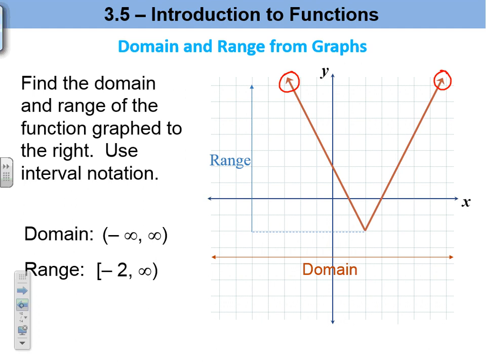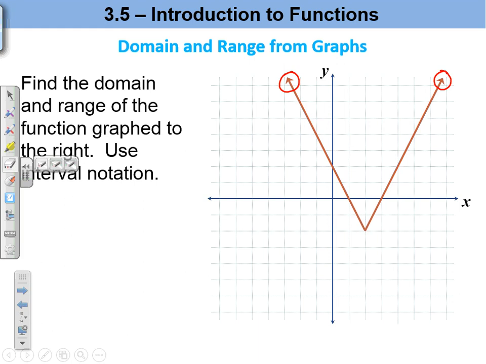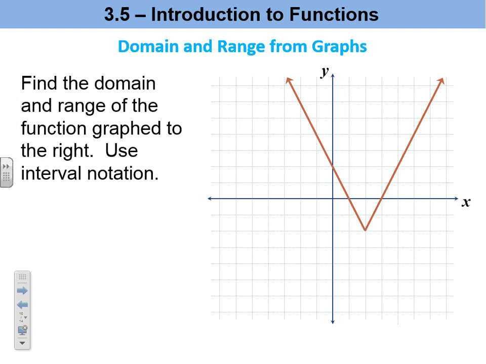Now I'm going to back this up just a bit so that I can add a second graph to what we're looking at here, just so I can give you a couple of different examples to look at, not just one. So now let's just add something here. Let's give you something quadratic looking.